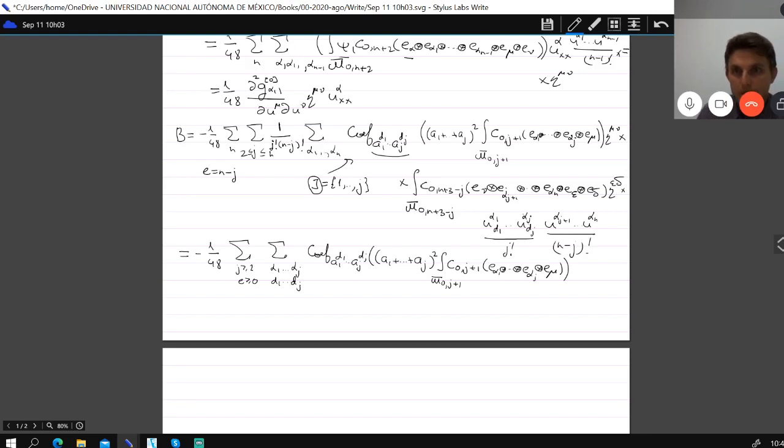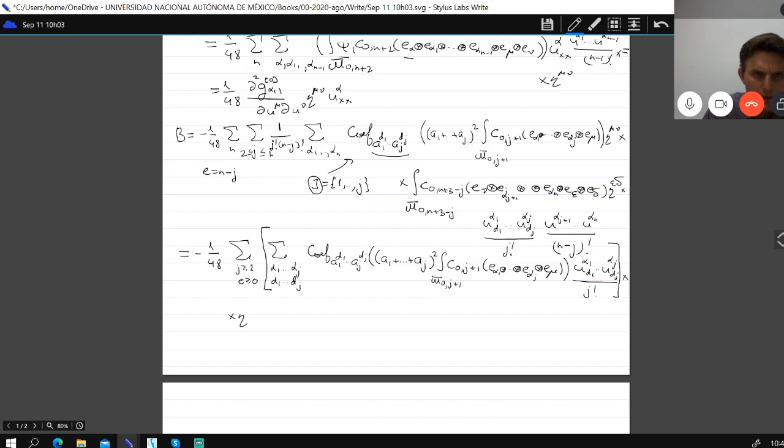Yes, and then you take U alpha 1 U1 U alpha n, alpha J dj over J factorial. So this is the first. Then times at the mu nu and times the second. And here you have sum.